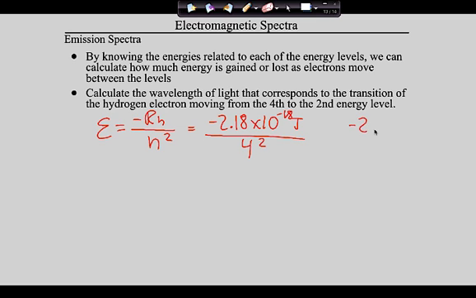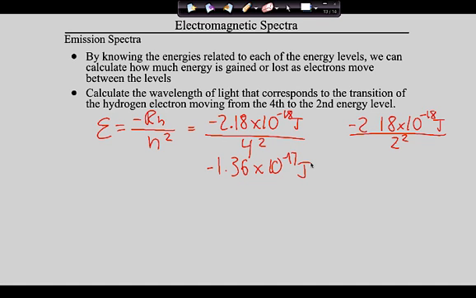So we go negative 2.18 times 10 to the negative 18th joules divided by 16. Here I get negative 1.36 times 10 to the negative 19th joules.